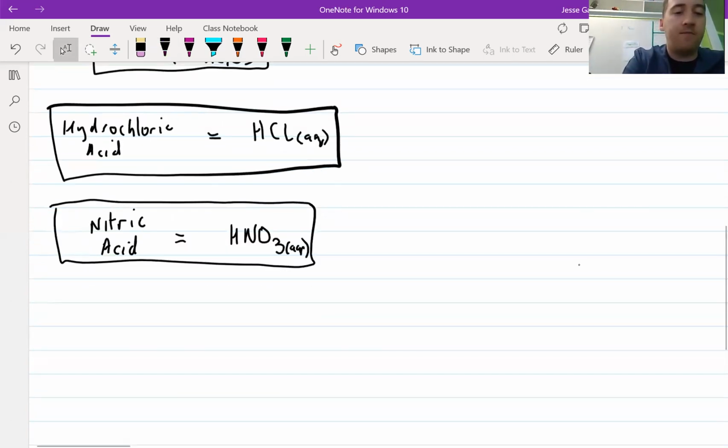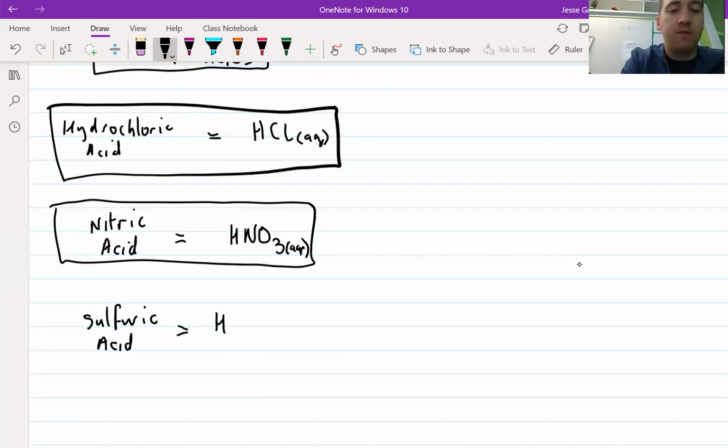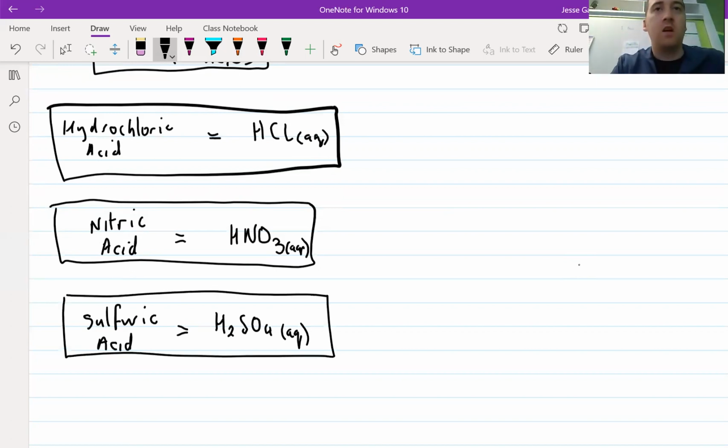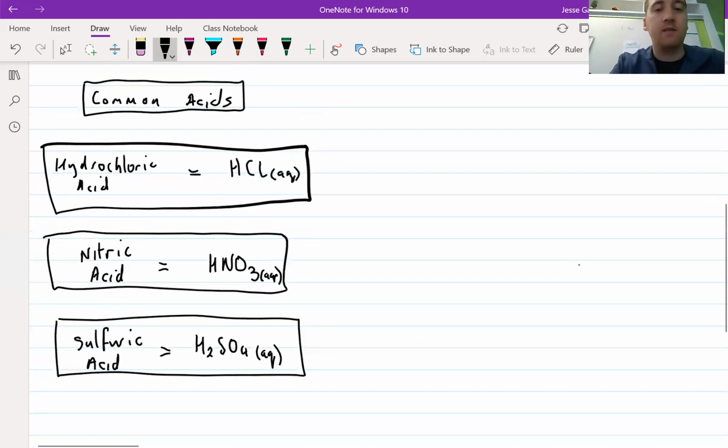And lastly, another very common one is sulfuric acid. This is the same acid that we found earlier in batteries, but we use the pure form of it in the chemistry lab. Its formula is H2SO4 (aq). So that's sulfuric acid.